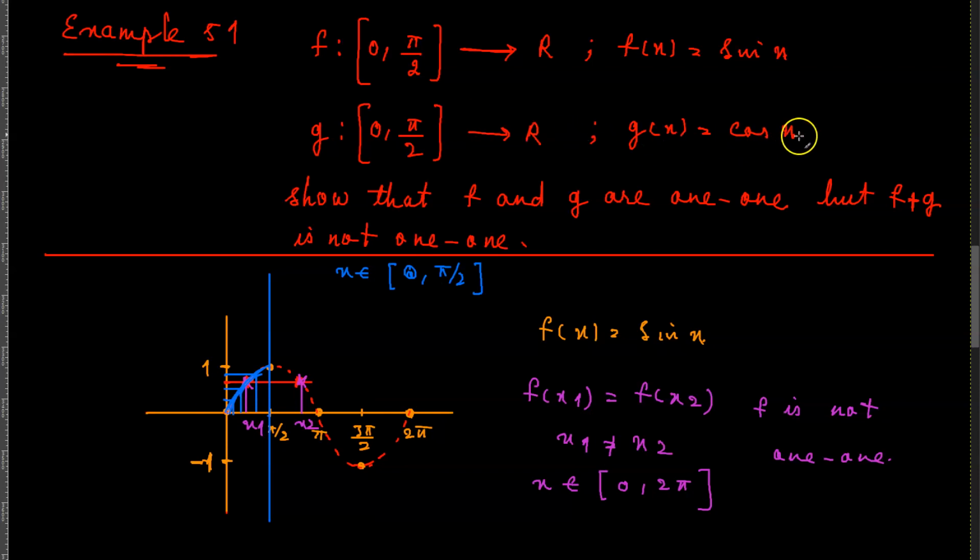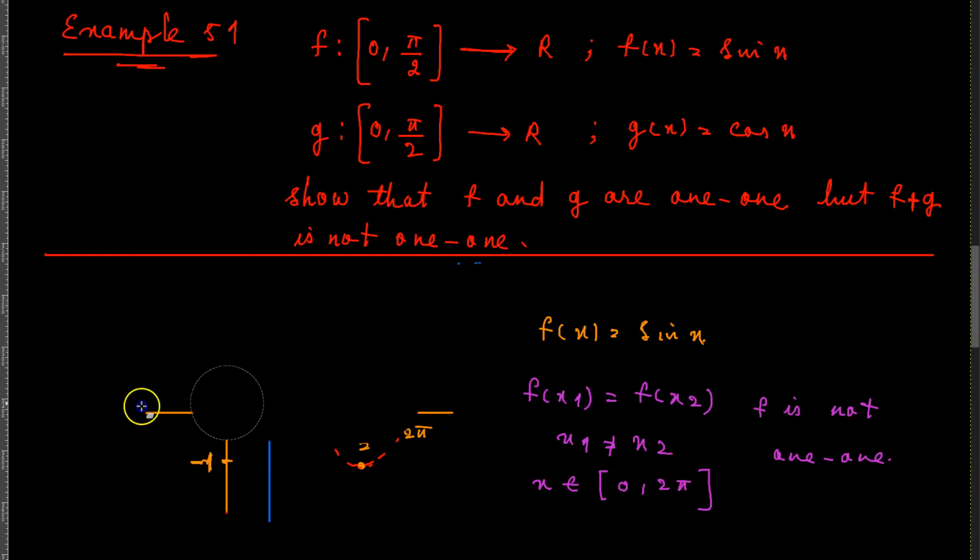And the same is true of g of x between 0 to pi by 2. Otherwise, if you make the domain a little bit different, then of course the function is not going to be 1, 1. So that means that f and g are 1, 1, provided that you have exactly this domain.